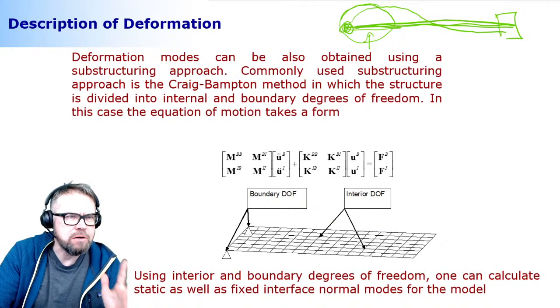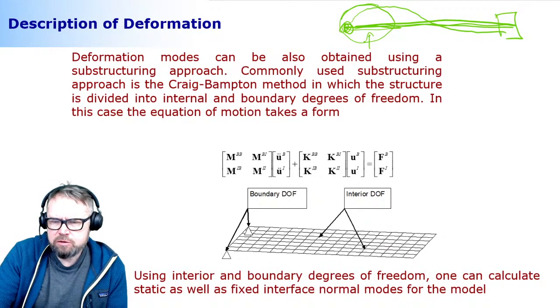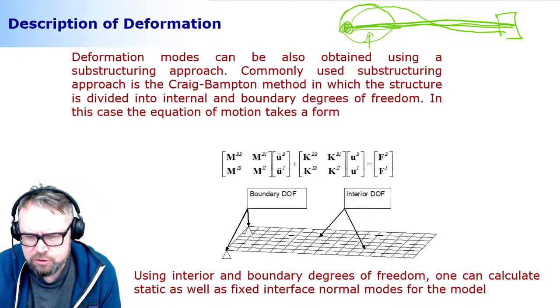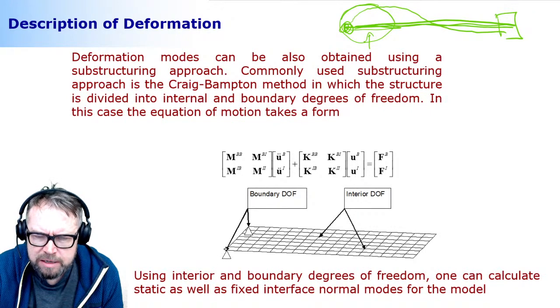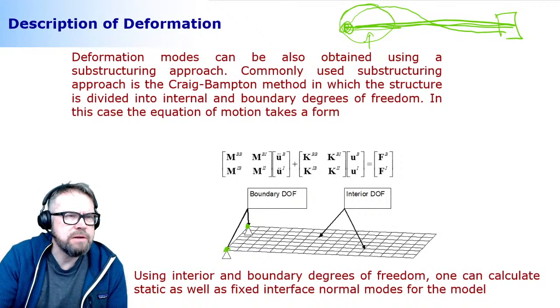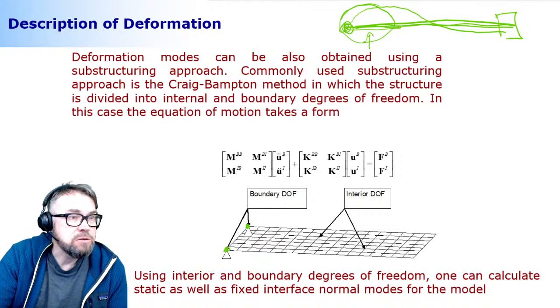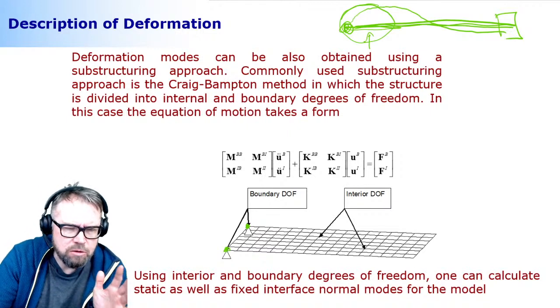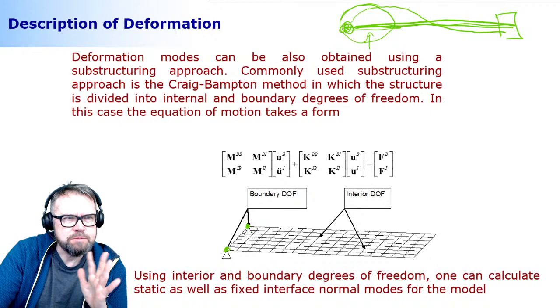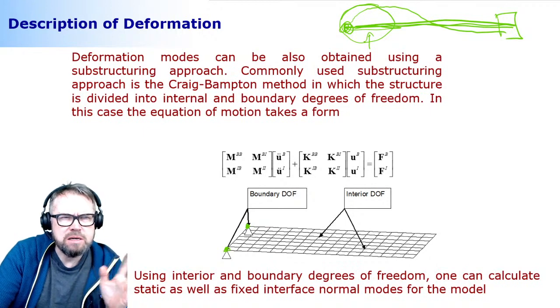You take your structure, this time a plate structure like shown here, and divide your nodal coordinates into two categories. The first category is called boundary degrees of freedom. Those are the locations where you're expecting local deformation, local strains, and local stresses that you're interested in and want to look at closely.